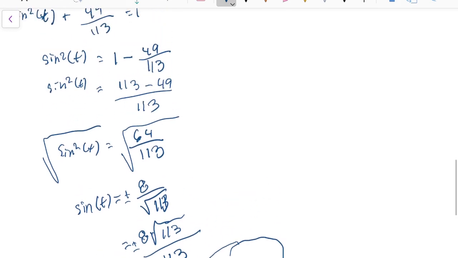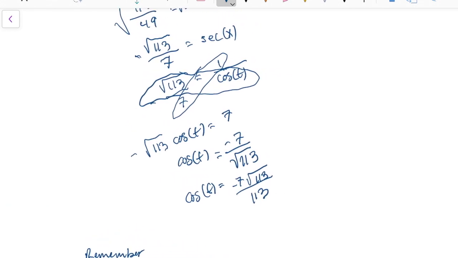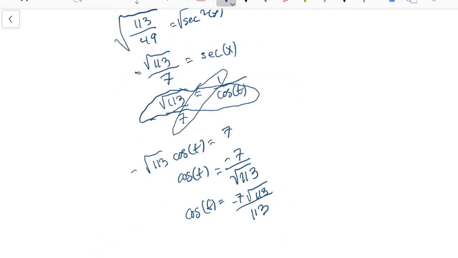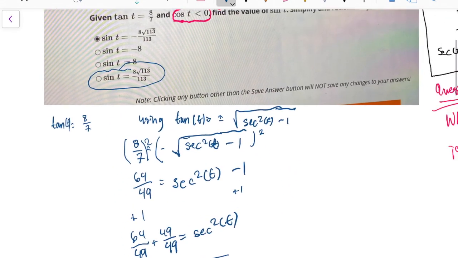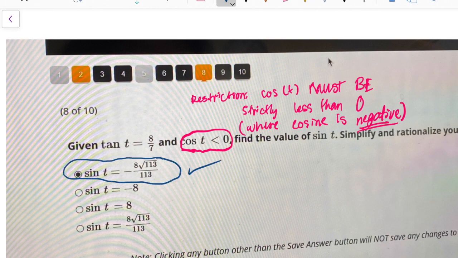Because if you take a look at the tangent, the value is positive, right?